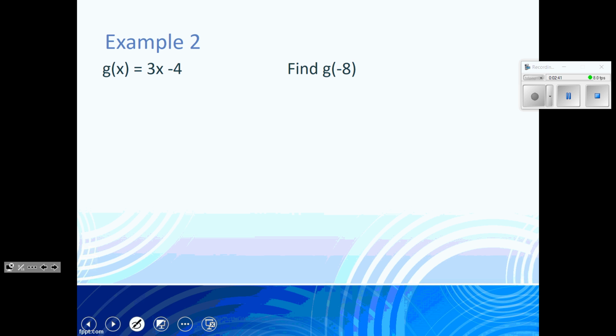All right, example 2. I'd like for you to do this one for me. g at x is equal to 3x minus 4. I want you to find g at negative 8.